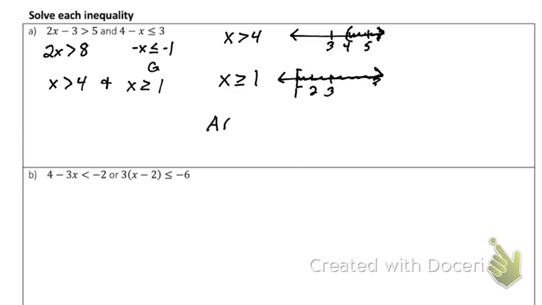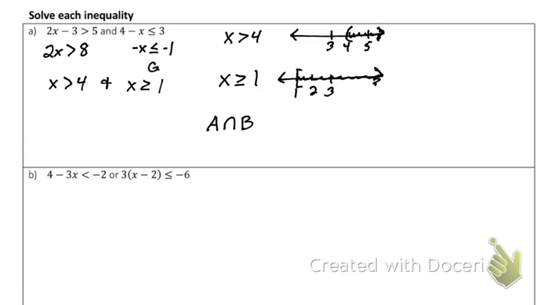An "and" statement is an upside down U, and I'm looking for where these things overlap. Which numbers are in both of these sets at the same time? Well, 1 isn't in both, 2 isn't in both, 3 isn't in both, 4 almost is. 4 just has a parenthesis up here, but everything else after that is in both sets.